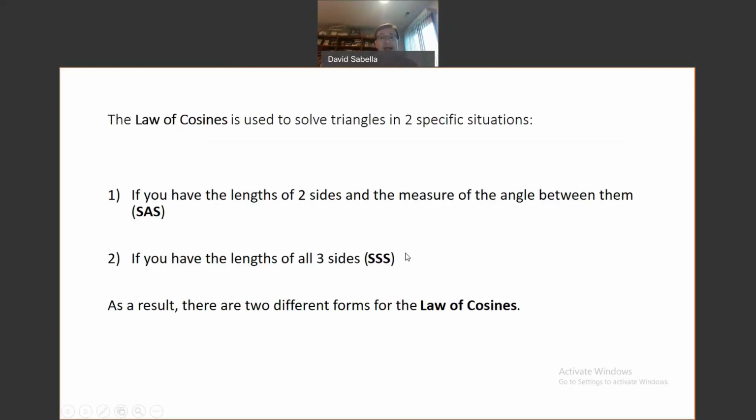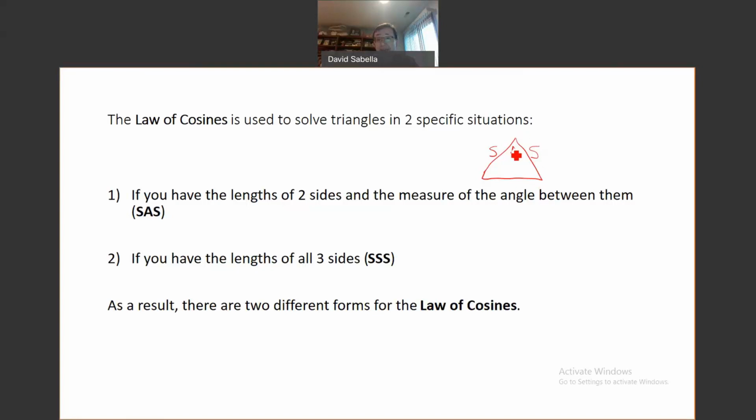One is when you have two sides and the angle between them, sort of like this. So we have a side, the angle, and a side, and we can't use the law of sines because to use the law of sines, you have to have a side and the angle opposite.